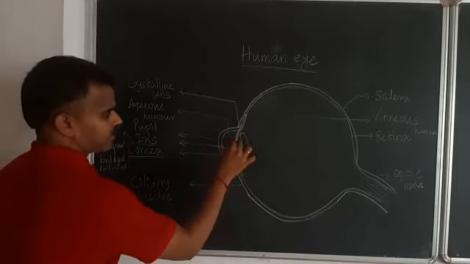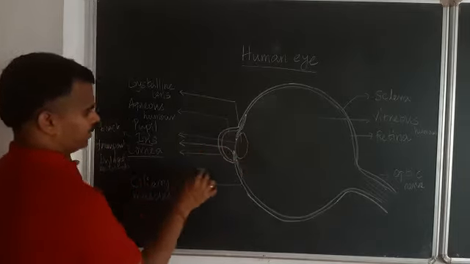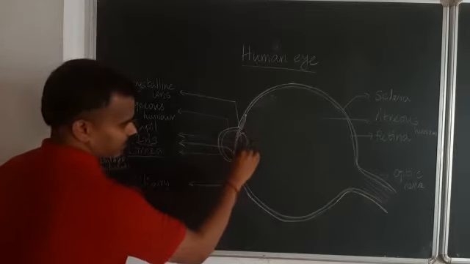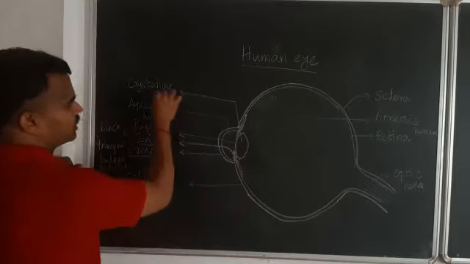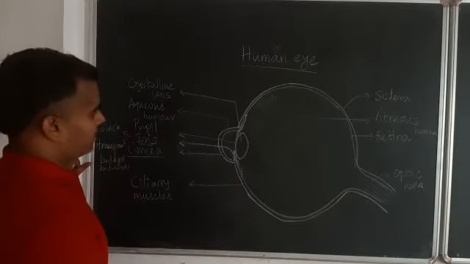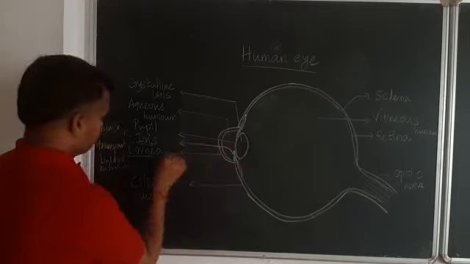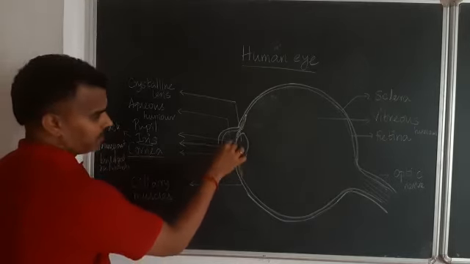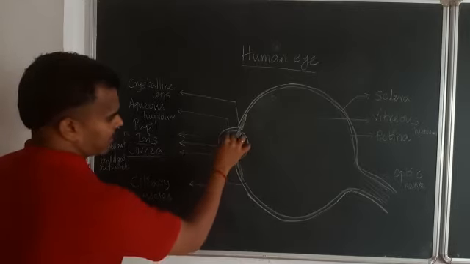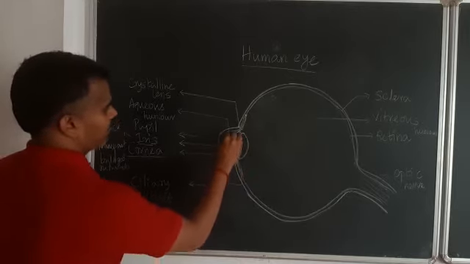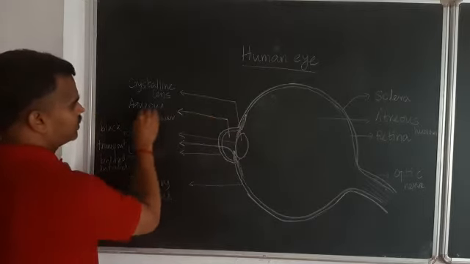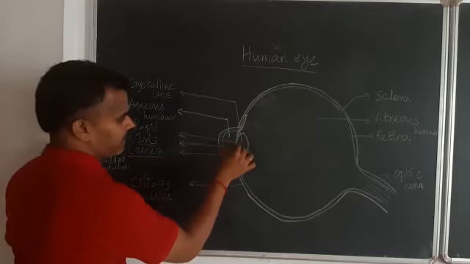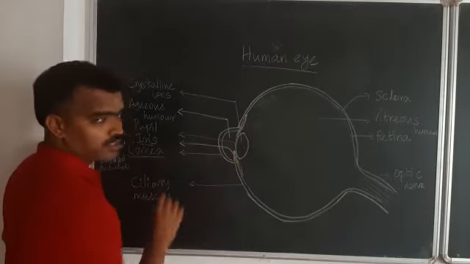Then I have drawn this lens, the crystalline lens. We have the cornea as the first part, and after that we have the lens. In between there is one area, in which we have the aqueous humor, present between the lens and the cornea.